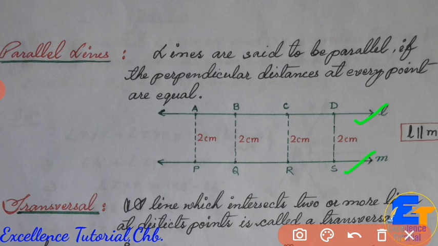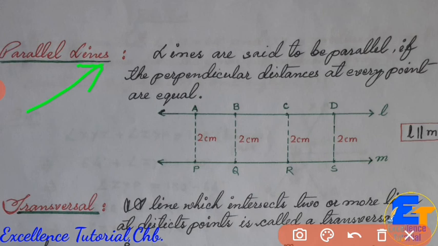So in this case we can say line L is parallel to line M. Symbolically, you can write it in this way: line L is parallel to line M.